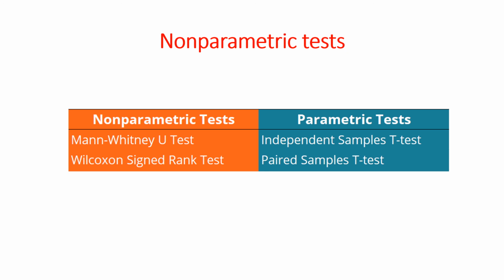The non-parametric test for the independent samples t-test is the Mann-Whitney U-test, and the non-parametric test for the paired samples t-test is the Wilcoxon signed rank test. So basically, if for any reason you can't do any of those t-tests, whether independent or paired, you could use their non-parametric equivalents, for lack of normality of distribution or any other reason. In the next slide, I'm going to show you how to do them in Jamovi.